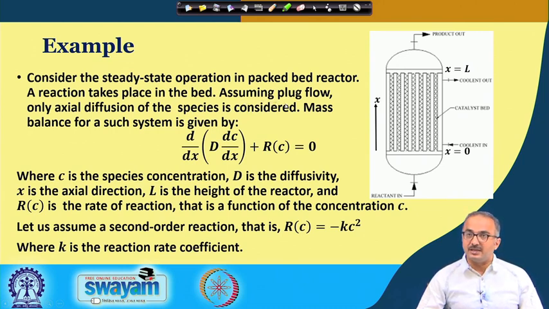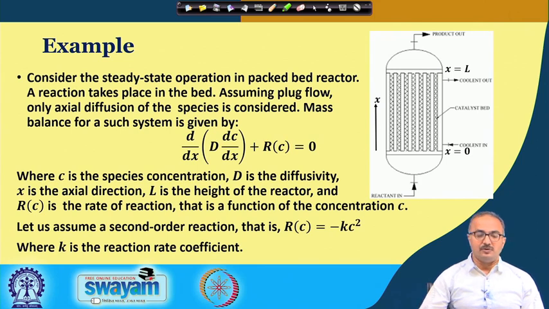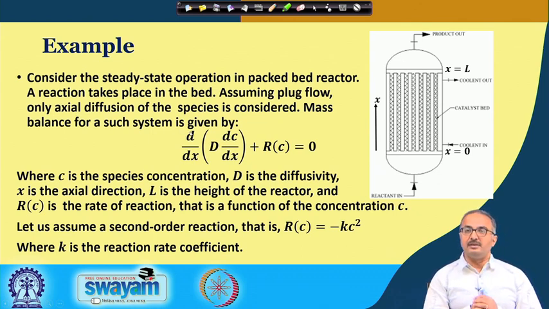As I explained to you earlier, when we make this plug flow assumption, we get a one-dimensional flow, and in this case we will be having the axial flow, and axial diffusion is considered. That means there will be a gradient or the distribution of the component concentration along the axial direction, along the flow direction.